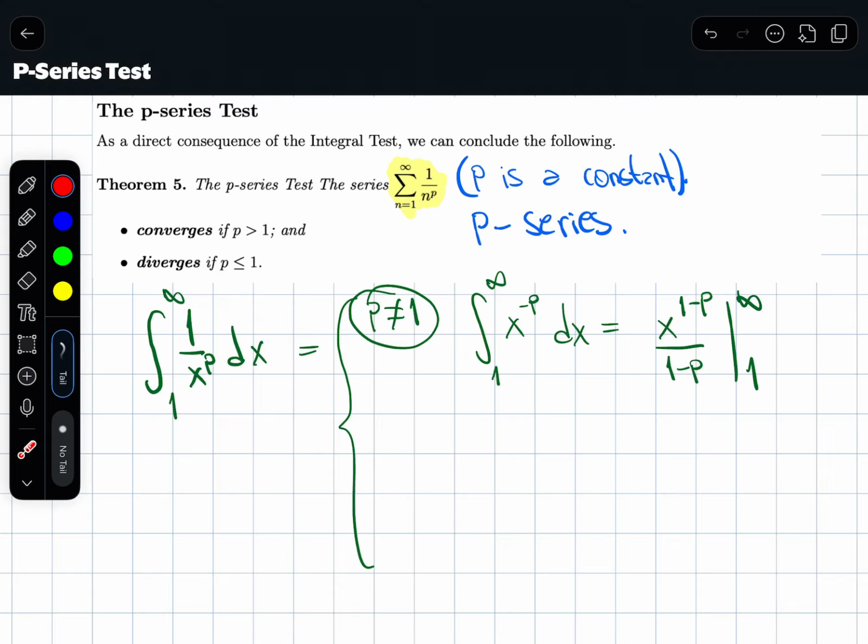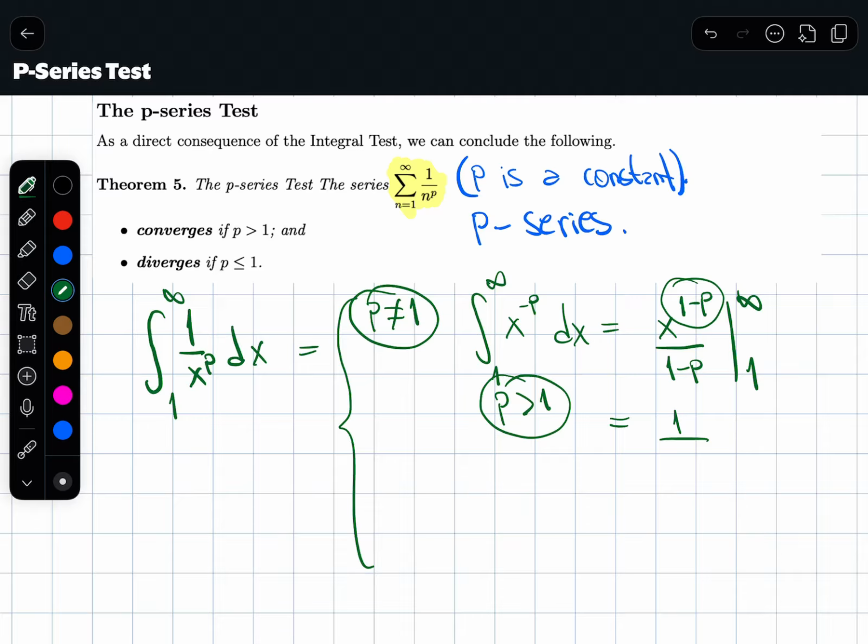And you can see that if p is bigger than 1, this becomes 1 over 1 minus p times x to the power p minus 1. Whenever you have a power of x in the numerator of a fraction, you can bring it down by changing its sign.